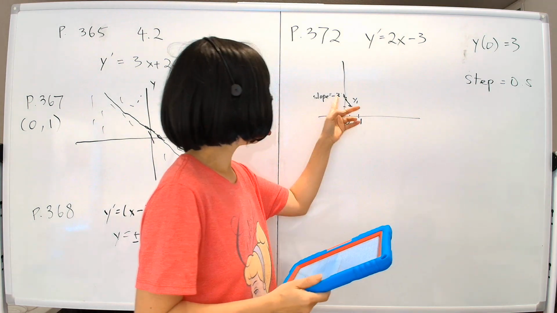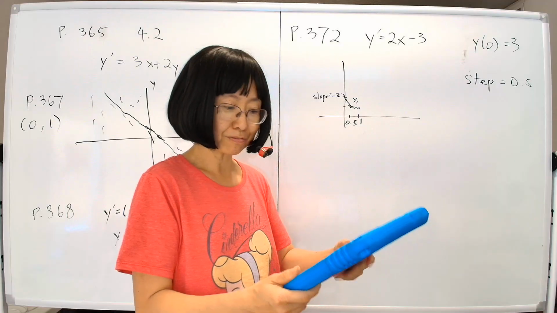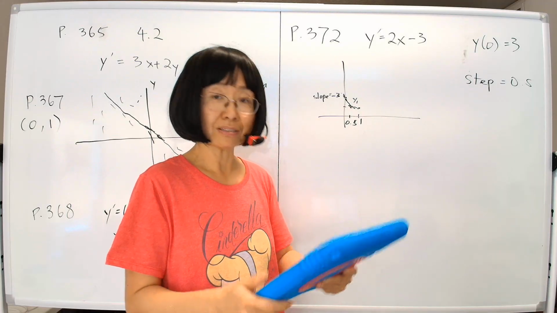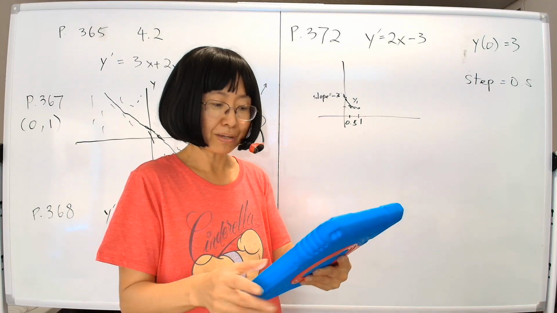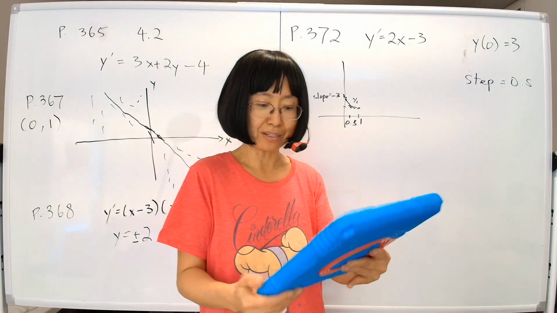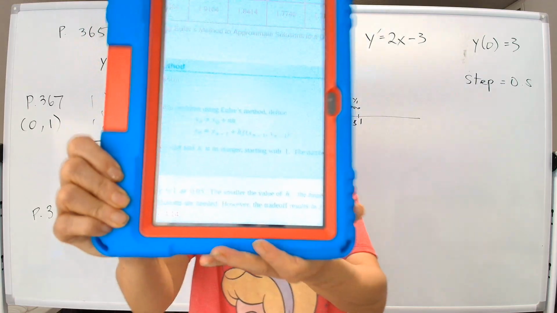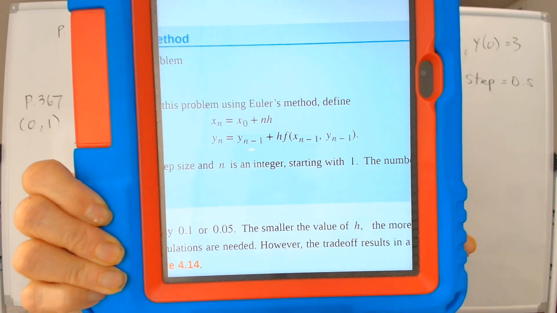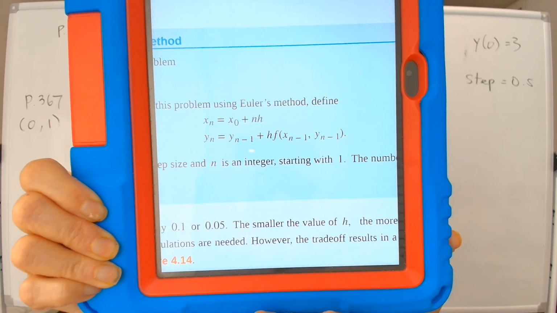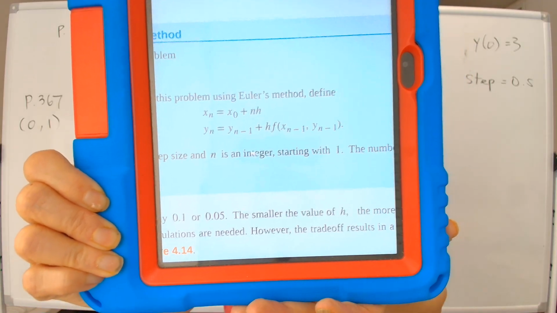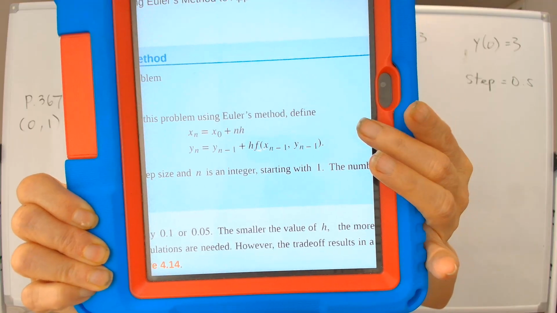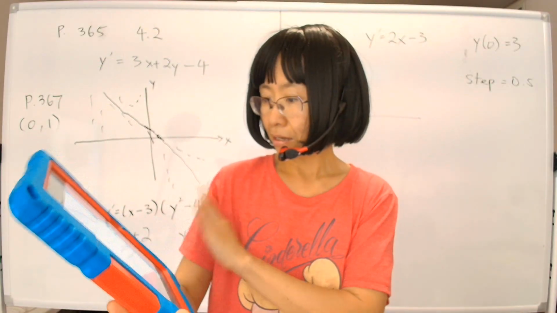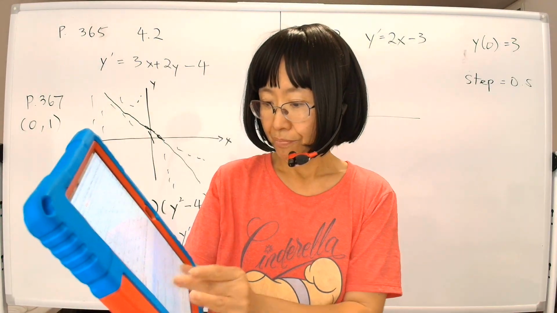All these lines that you come up with by the point-slope formula, which they already did for you, so you don't have to reinvent the formula. You just plug it back in. Here's your formula, and the slope is f of x, y, for each n on your step.